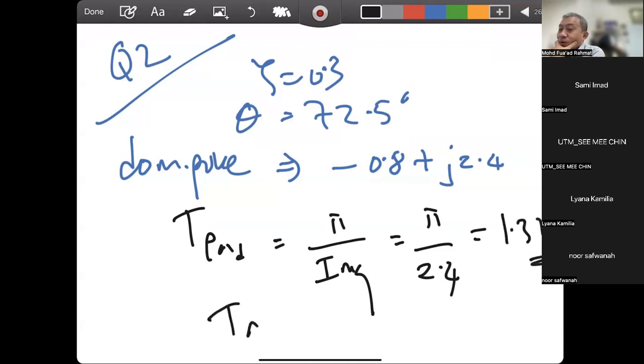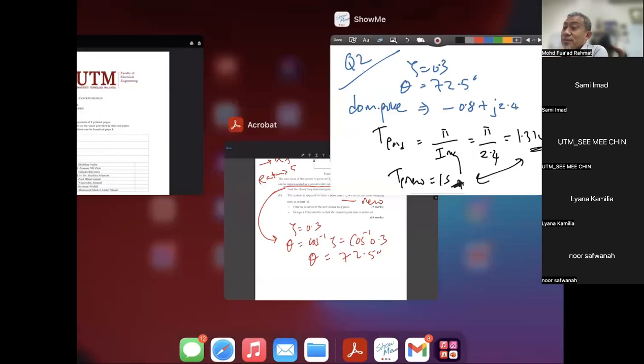But the new one, Tp new, is 1 second. So much faster compared to the old one, right?